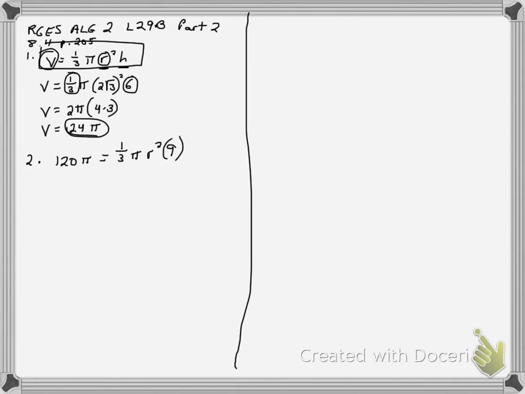Now we need to solve for r this time. Well, let's go ahead and simplify this. 9 over 3 is 3. We'll solve for r squared. We'll cross out our pi's. 3 goes into 120, 40 times.